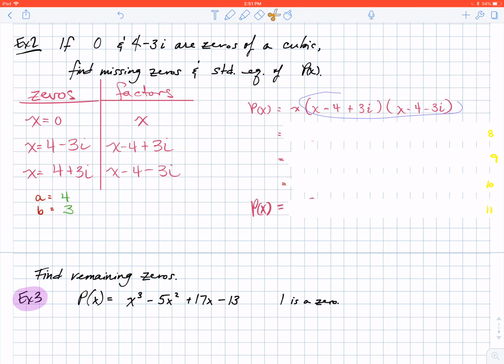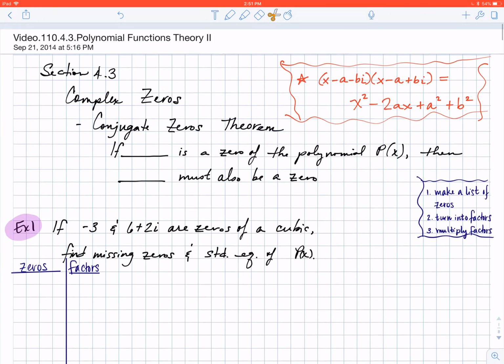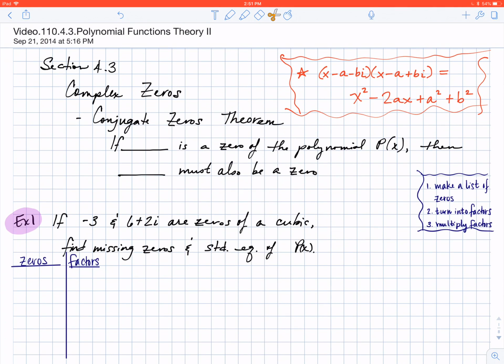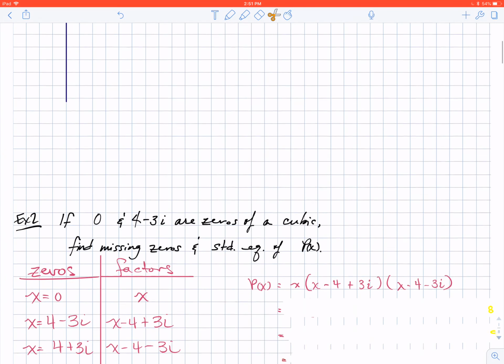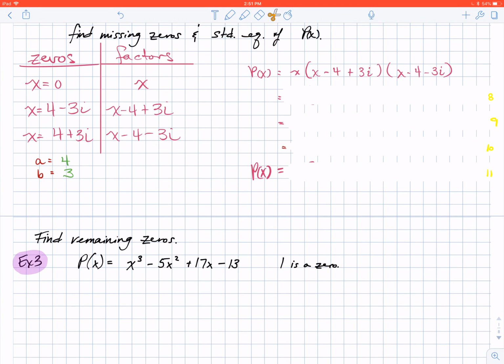But to multiply these two, I'm going to use that formula that I referred to a moment ago. So now that you know what your a is and what your b is, all you have to do is plug these numbers in. Leave the x's where they are. So go ahead and refer back to this. I can't show them both at the same time, but that's where I'm getting my numbers from.